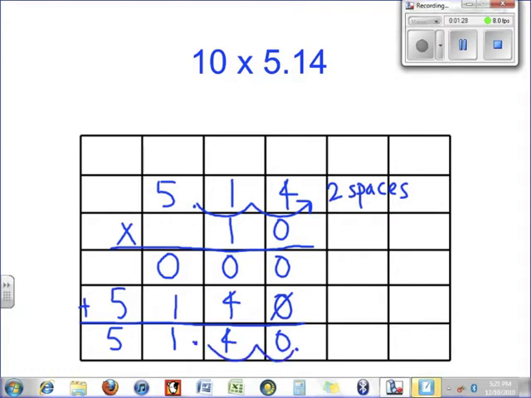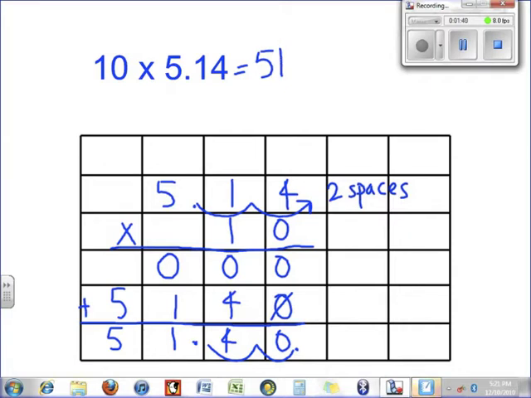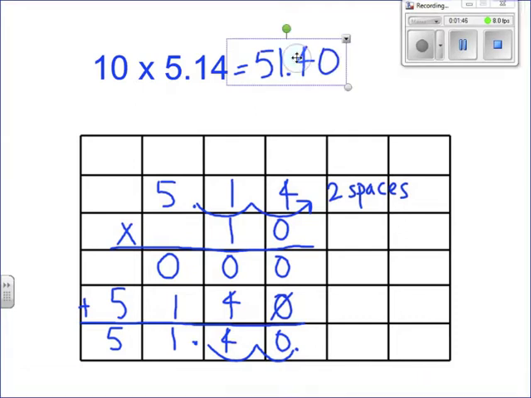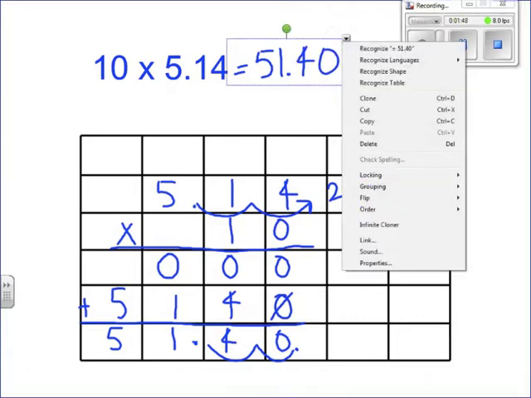And now I have my final answer. 10 times 5.14 equals 51.40, or 51 and 40 hundredths.